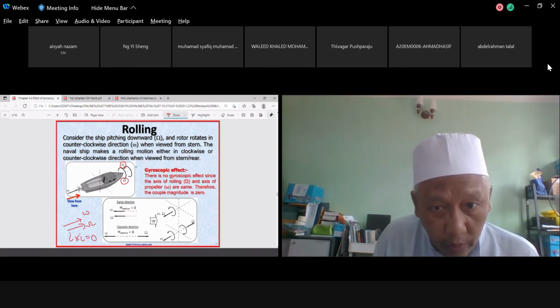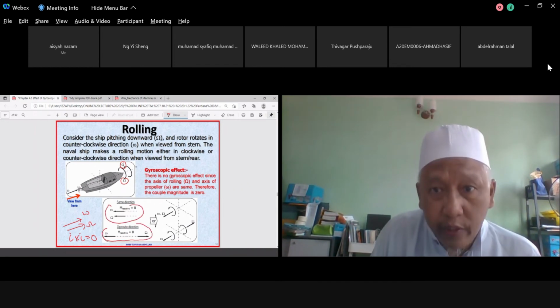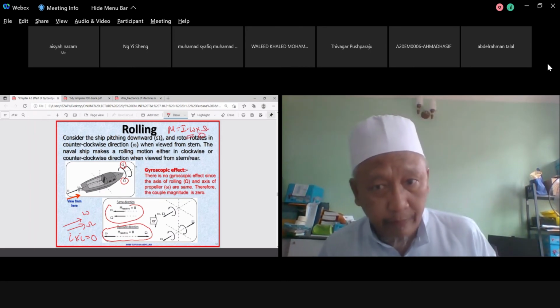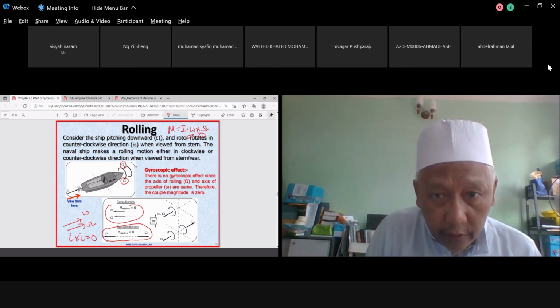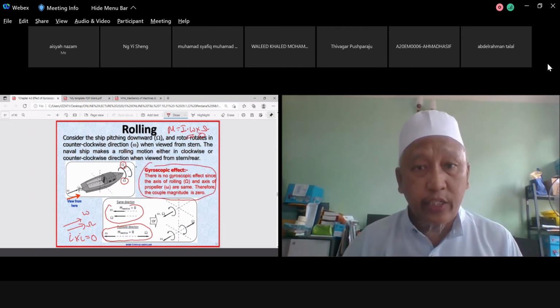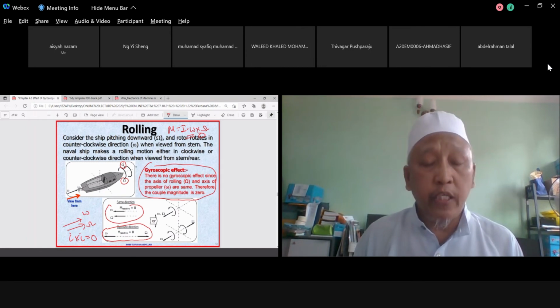So whatever you calculated earlier, M equal to I dot precession and spin, this one now becomes 0 when you deal with vectors. So there is no gyroscopic effect when the ship is experiencing roll clockwise.